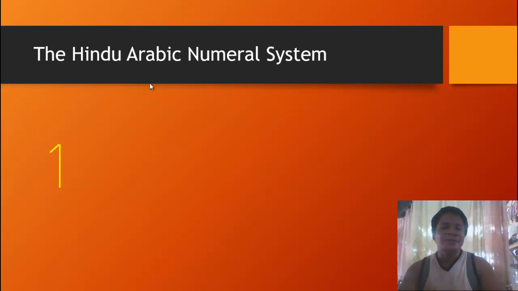In the Hindu-Arabic numeral system, we have the 1 with 1 angle. We have 2 for 2 angles.